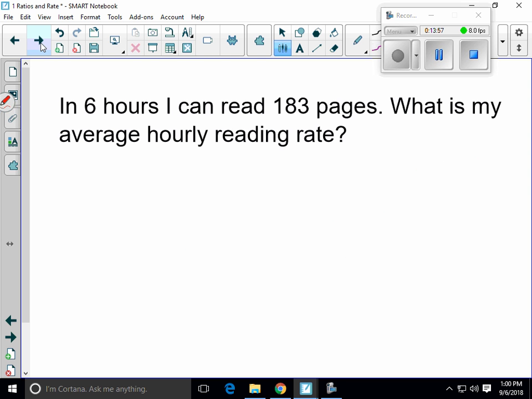Alright, here's one more that we'll do together. In 6 hours, I can read 183 pages. What is my average hourly rate? That means how much per hour. This time it's not money, it's pages. How many pages can I read in 1 hour?